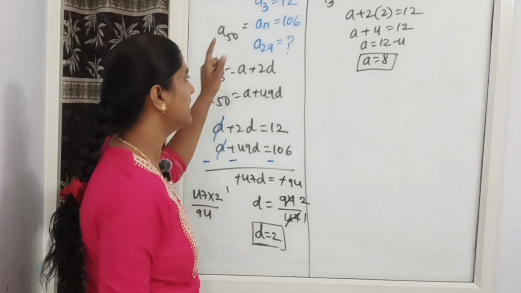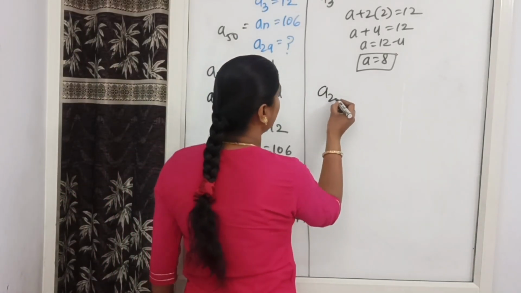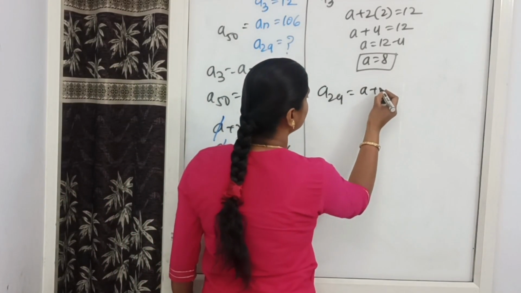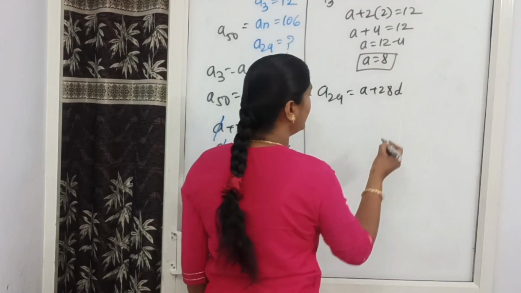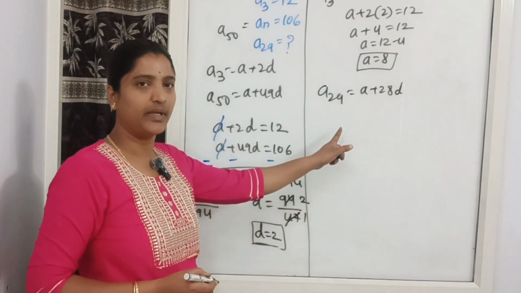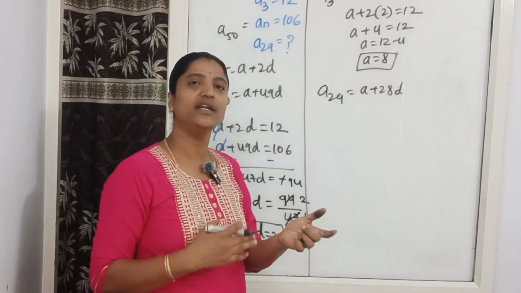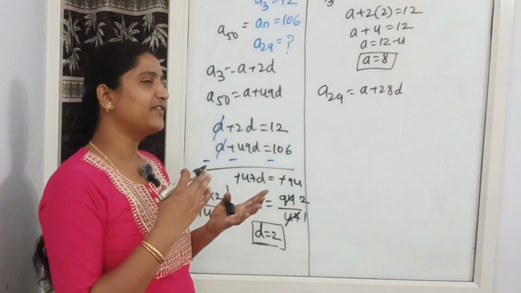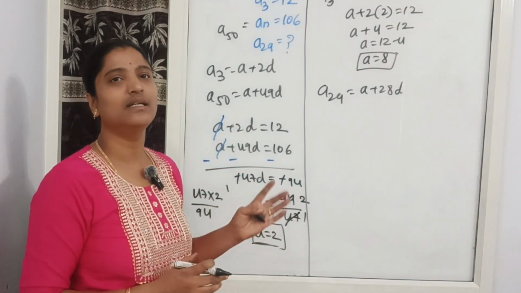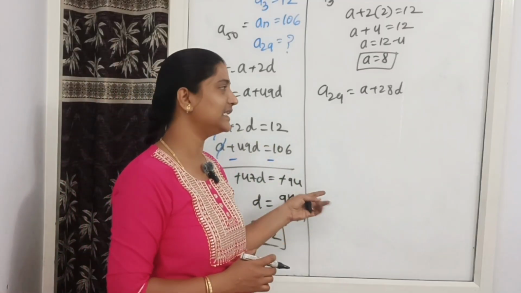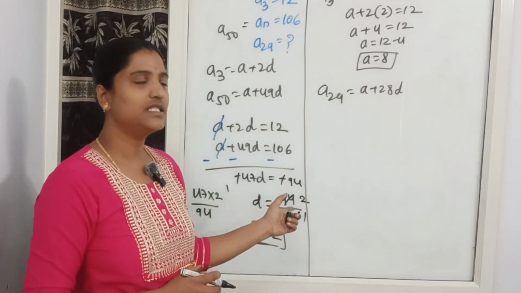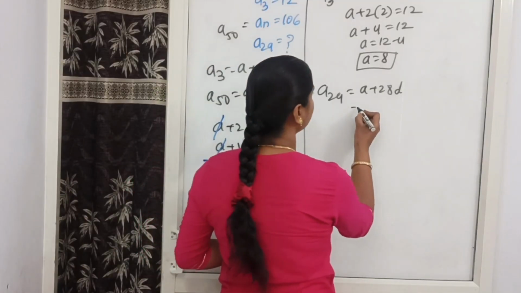Then go for what they are asking, that is A29. The A29 term is nothing but A plus 28D. I hope it is getting familiar, because I am telling the nth term from the introduction. Exercise 5.1 is completely over and it is 5.2. Already we are in the 8th sum, so that is why I am taking it directly.